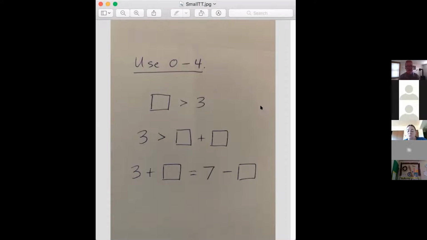And again, I can't see the chat, so feel free to either write something in there yourself or say it out loud and I can do the writing.